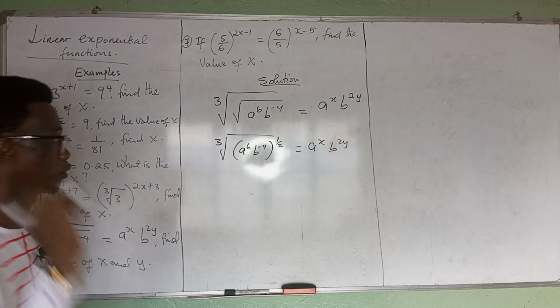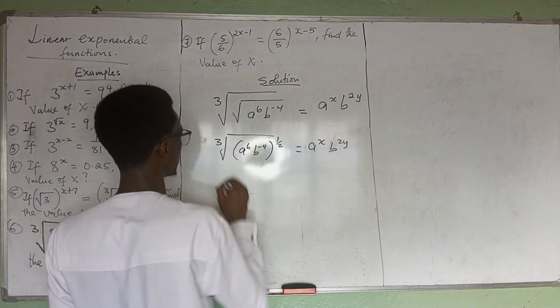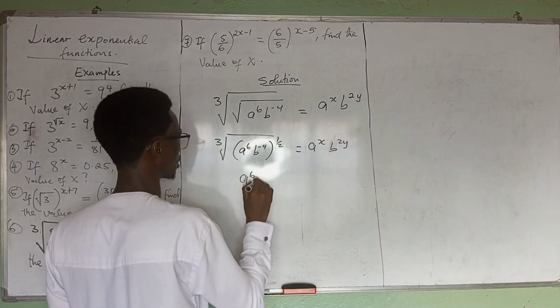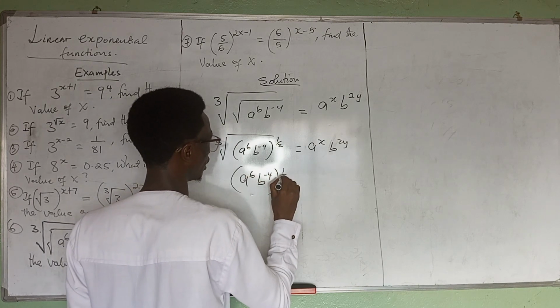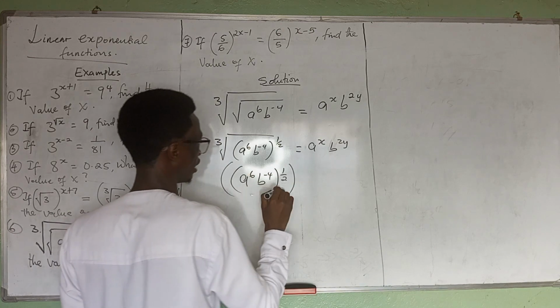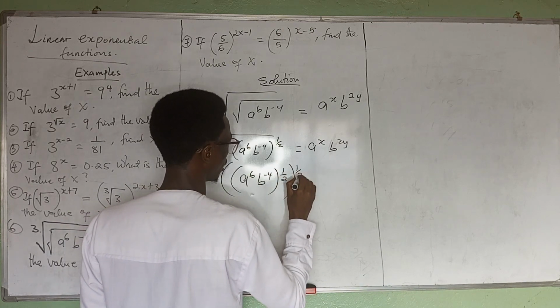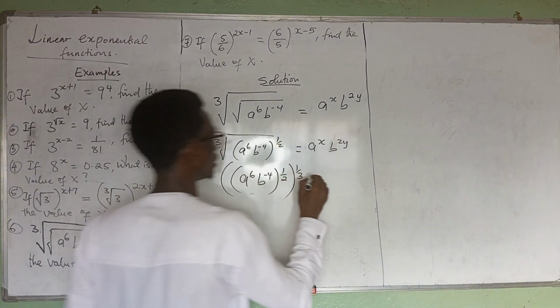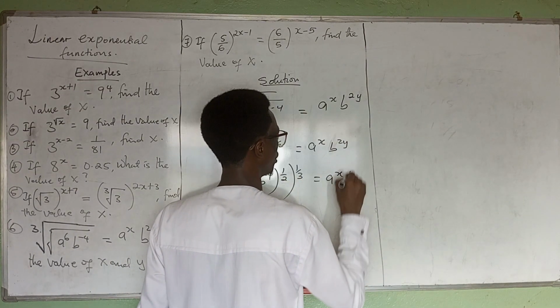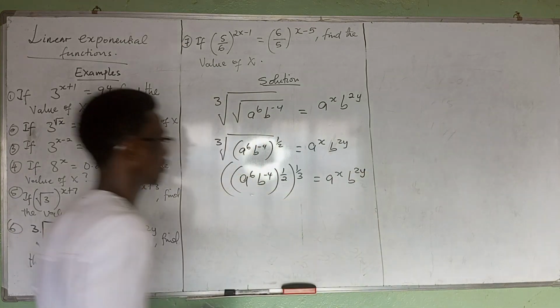Now the next thing again, you have to change this one. Remember, cube root means 1 upon 3. So this becomes a to the power 6, b to the power minus 4, everything here by half, and this again by 1 upon 3, equals a to the power x, b to the power 2y.